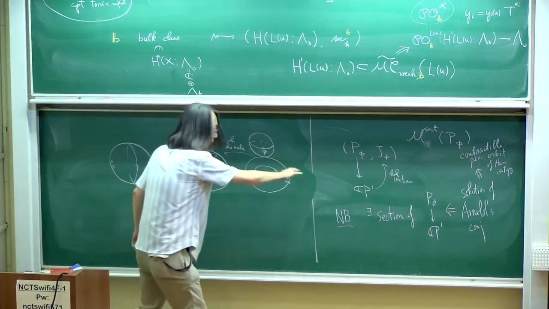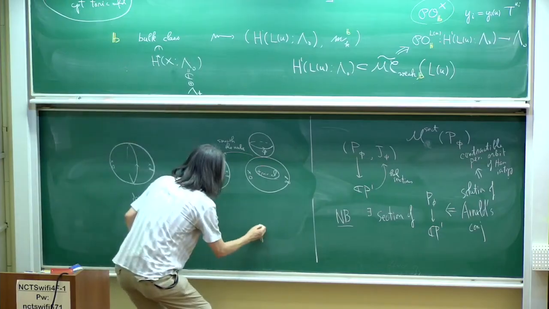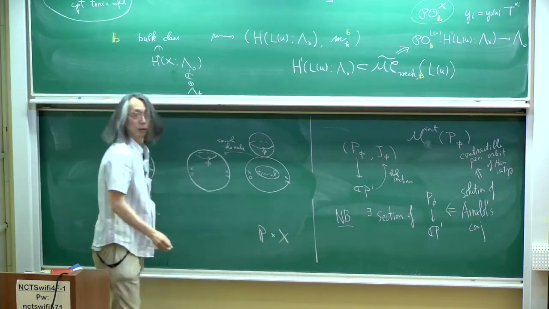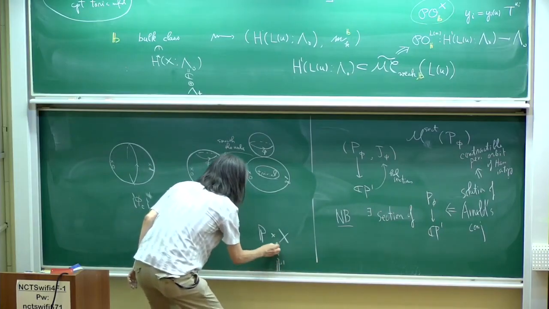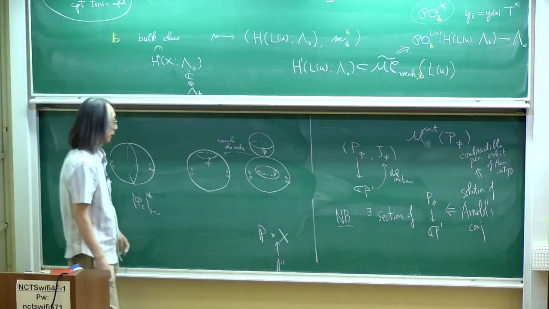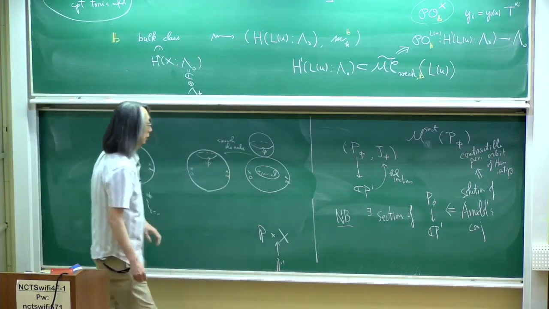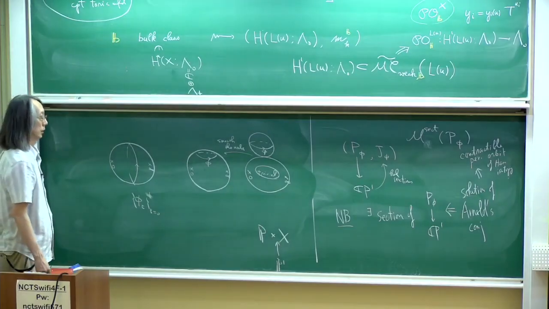So it's completely trivial, like a P1 times X. Over here, I have just a P1 times X. And then here I have P1, and then we may just consider this sort of thing. But here, there is some non-trivial effect, right?